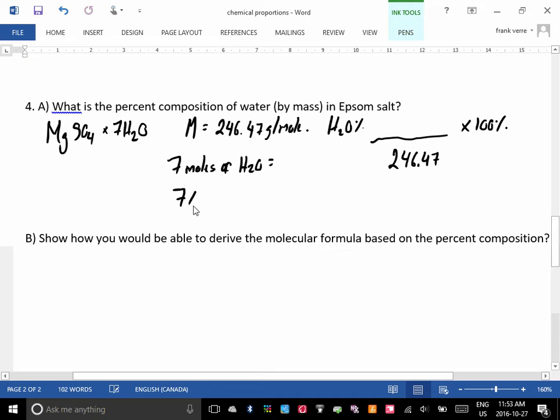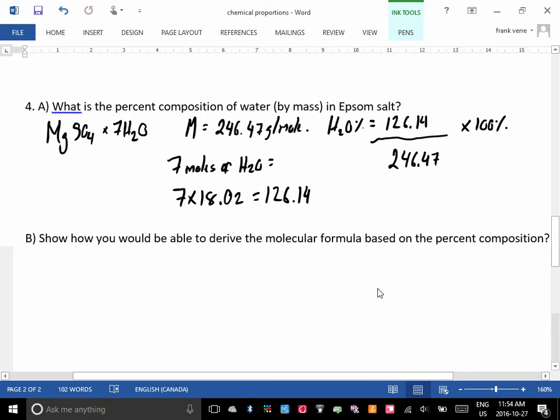It would be 7 times 18 point, what did we work out? 18.02, was it? Yeah. So what would that be? What would 7 moles of water represent in terms of its mass? 126.14. So the percent then of water would be 126.14 over 246.47.